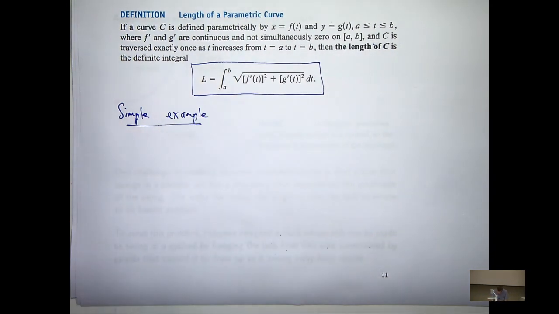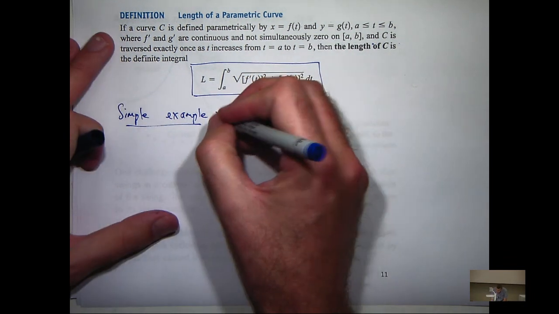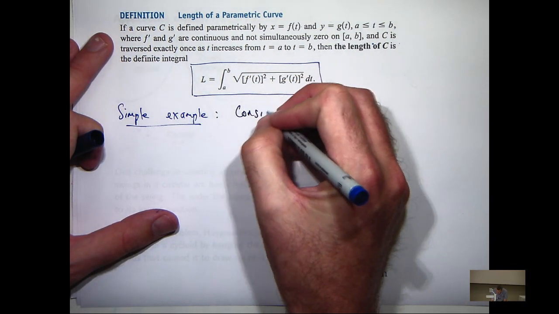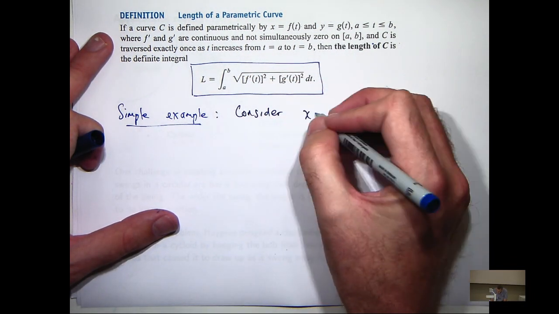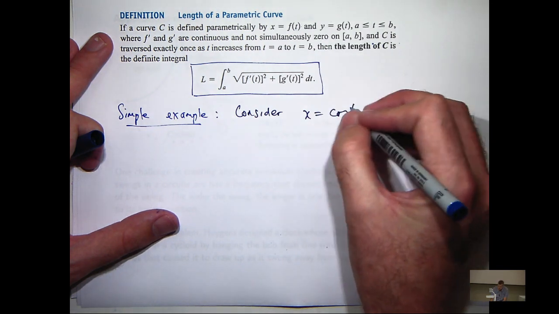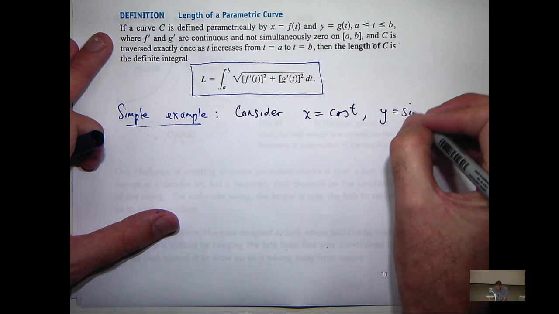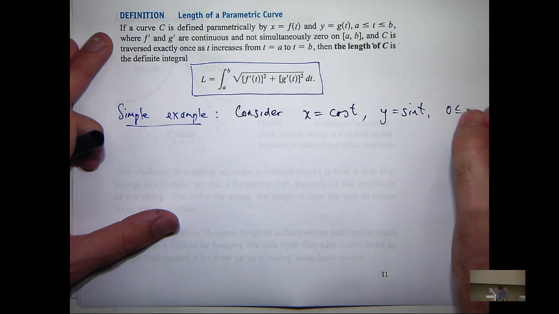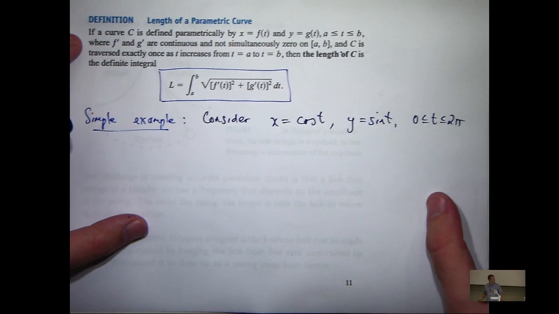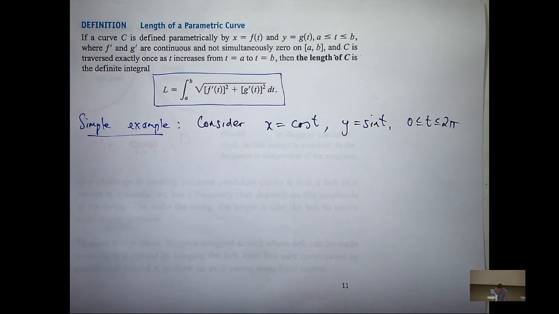Suppose you have the following parametric equations. So here's a real simple example of a parametric setup for a particular curve.